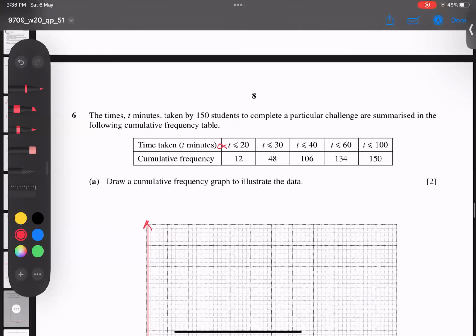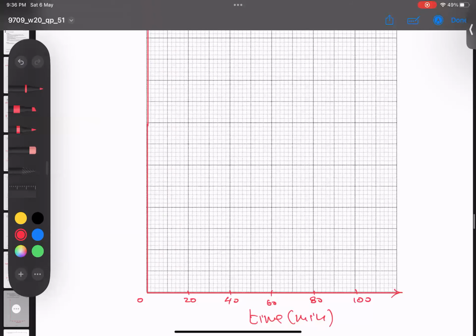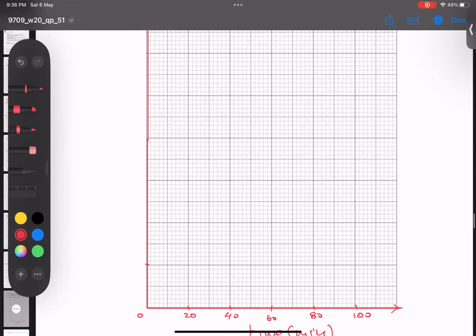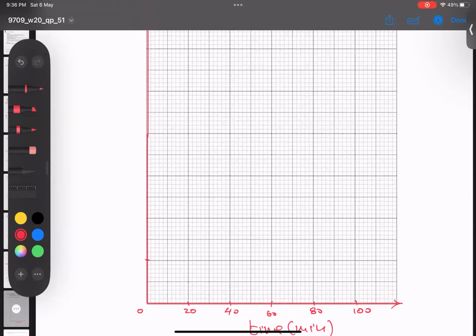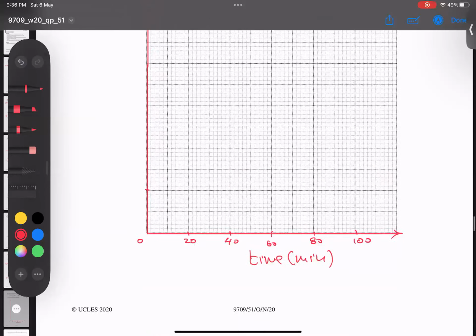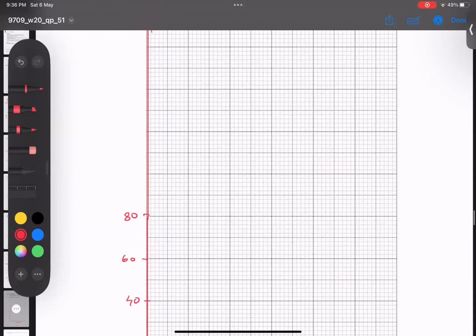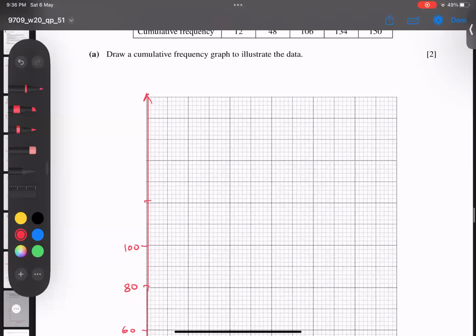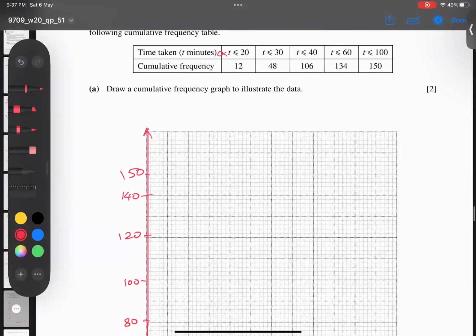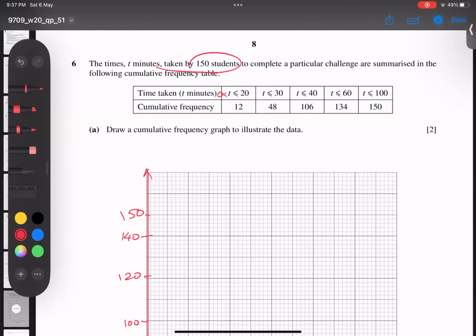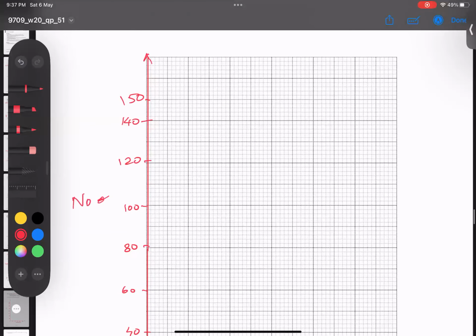And what along the y-axis, students? So 150. I think 20 is okay: 20, 40, 60, 80, 100, 120, 140, 160. All right, simply 150. These are the students, 150. So number of students here. All right, CF.